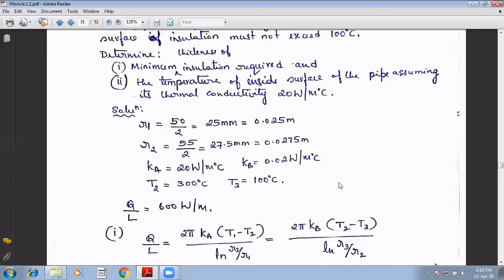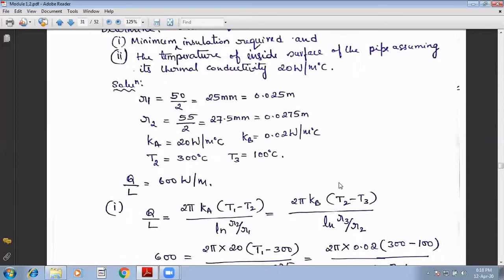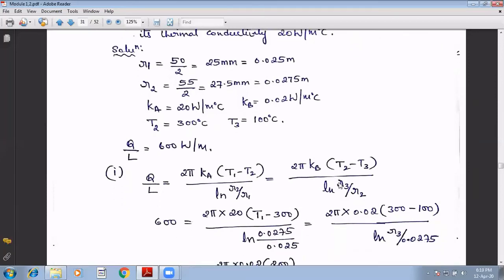Now we have the pipe Ka as well as the insulation Kb. Ka is 20 watt per meter Kelvin. Kb is 0.02 watt per meter Kelvin. So T2 and T3 are given.